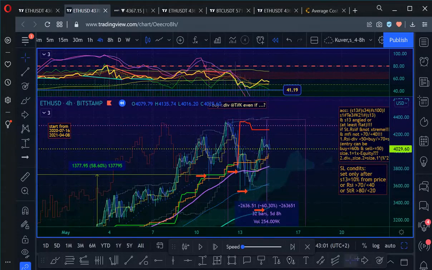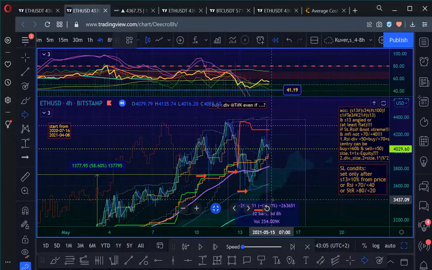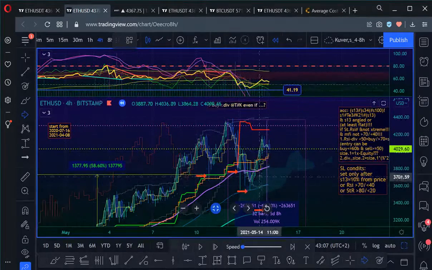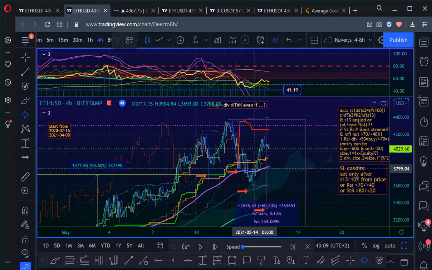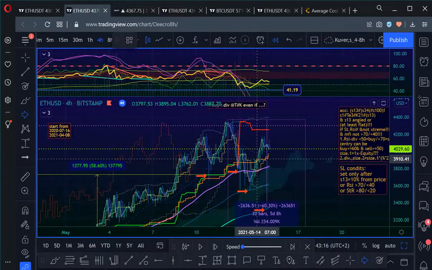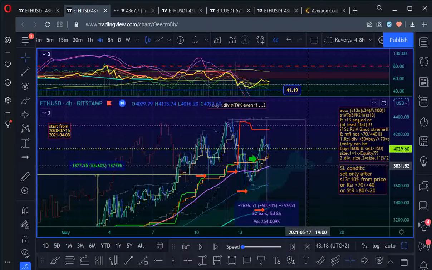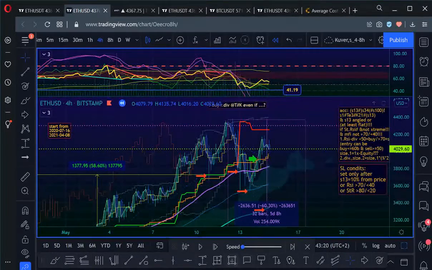So yeah, I would re-add half of my size here. Actually, we could re-add it at the break of the S13 here, because they are both above, or when this comes above here. That's the point. A little bit earlier. Add half of the position back here.